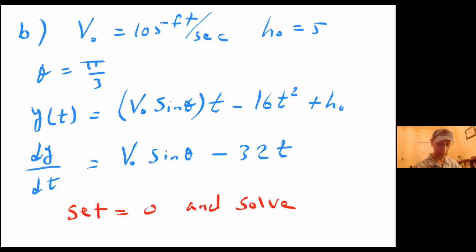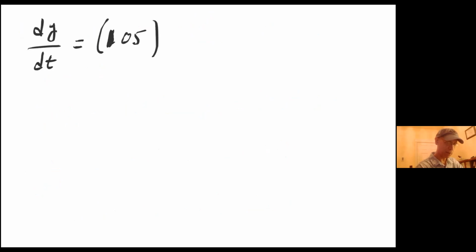Let me go ahead and go to the next page. So I have dy dt equals v naught, which is 105, times root 3 over 2, minus 32t.